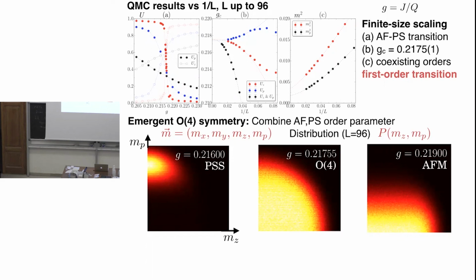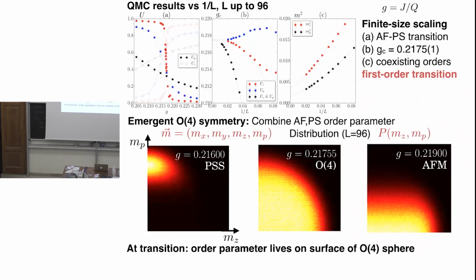So if you take the O4 sphere and bring it down to a two-dimensional distribution, you should get a completely flat, circularly shaped distribution. So that's what we are seeing, except that the radius of the sphere is fluctuating because of finite size effects.